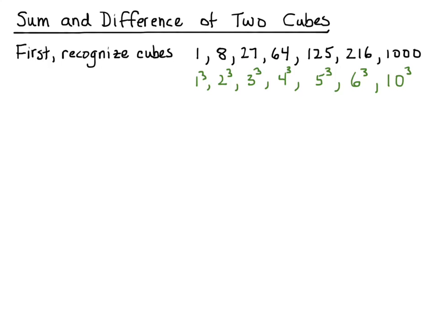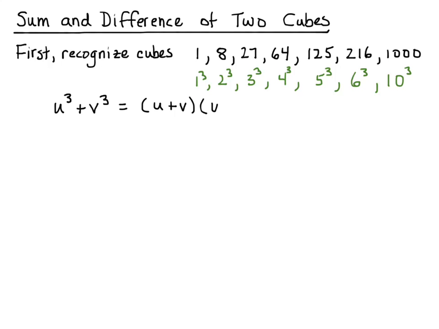Probably won't throw those at you, but of course 1,000 is easy, that's 10 cubed. So those are the cubes that I think you should recognize. Particularly 27, 64, 125, and 216 are probably not that familiar to you. So as you practice these and do your homework and everything, just start noticing those numbers as cubes.